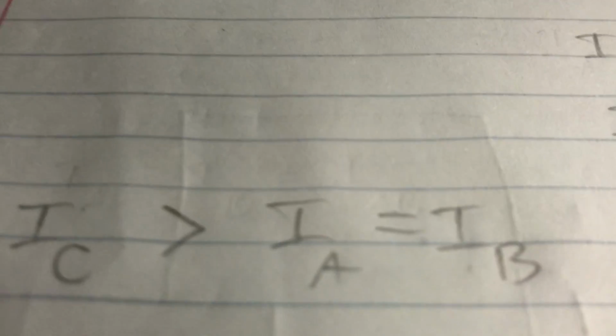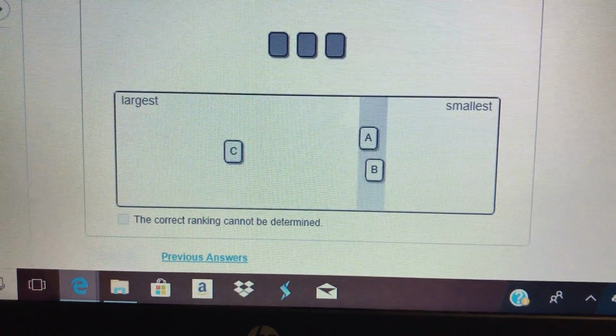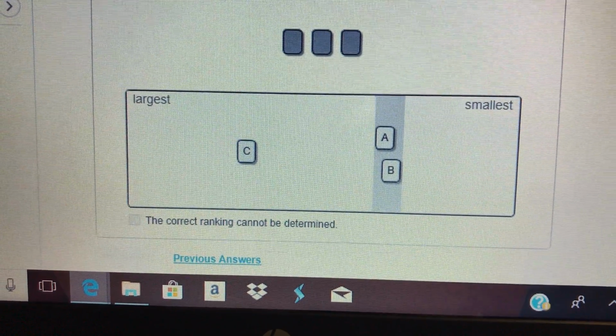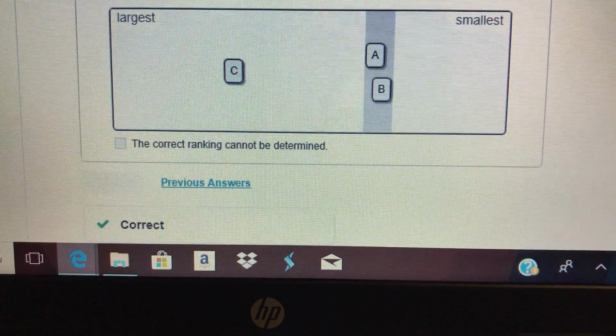So we put C to the left, which is the largest, and AB to the right, and they overlap because they are equal to each other. And the answer is also correct.